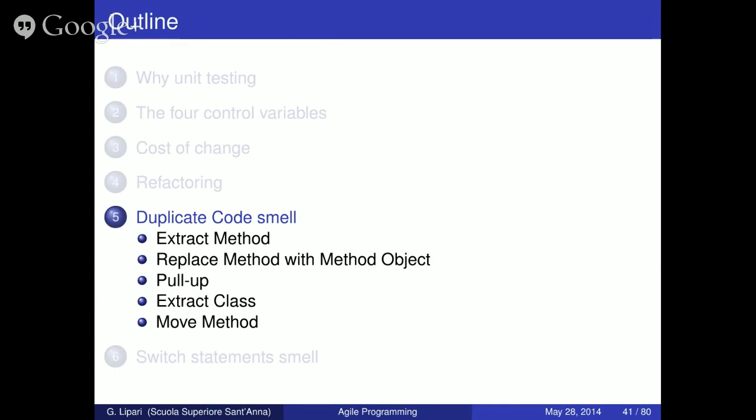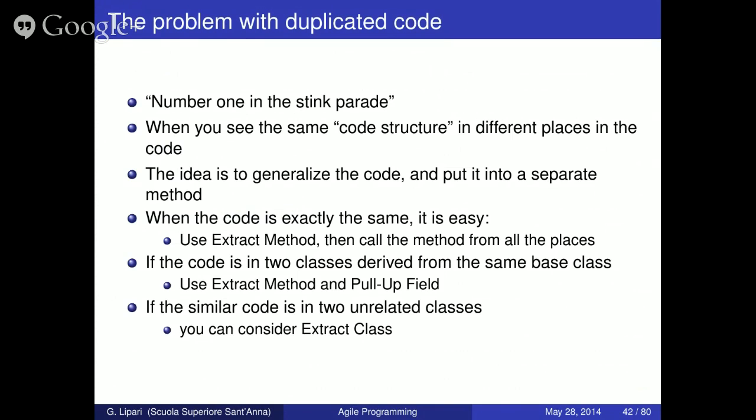So let's look a little bit at a few methods that solve the problem of duplicate code, which is probably one of the worst bad-smelling code problems. Duplicate code is, according to Martin Fowler, number one in the stink parade. Okay?